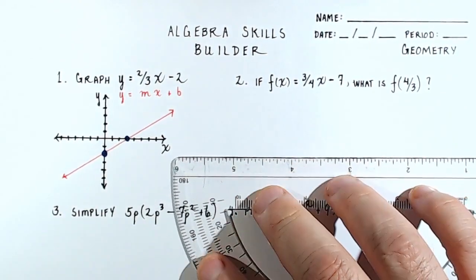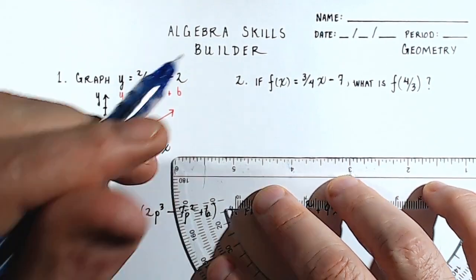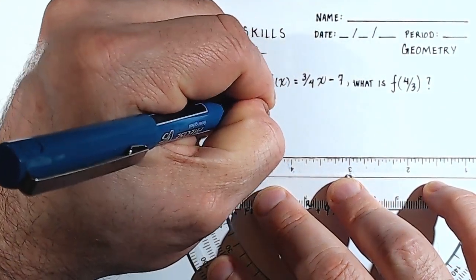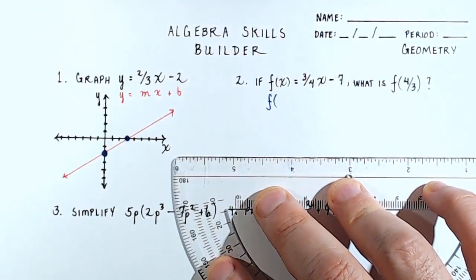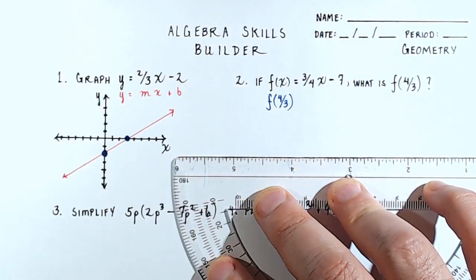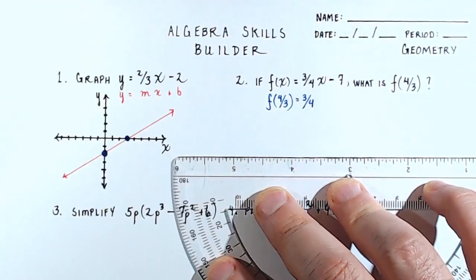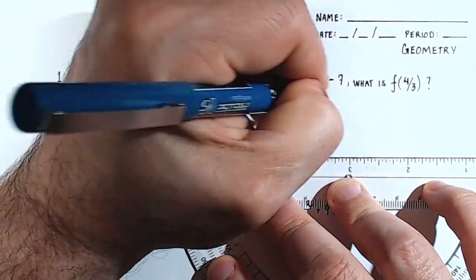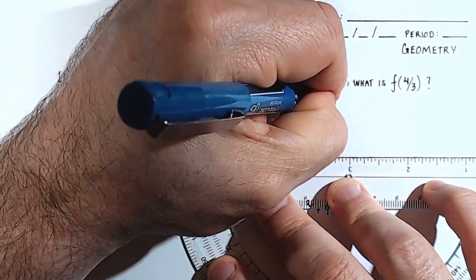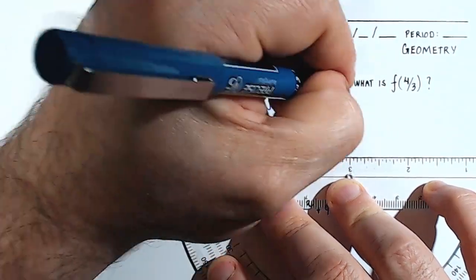Number 2, if f of x equals 3/4 x minus 7, what is f of 4/3? Okay, this is called evaluating a function. So we're going to evaluate f of x at 4/3. f of 4/3 equals 3/4, and here I'm just going to replace x with 4/3 in parentheses to indicate multiplication, minus 7.